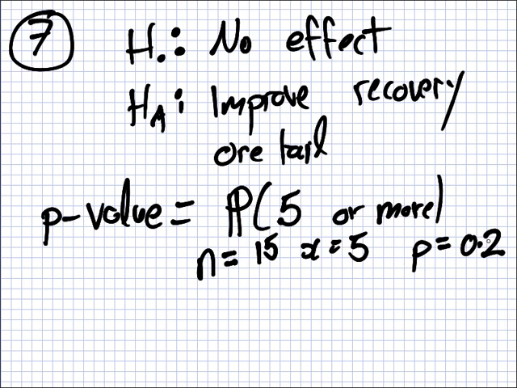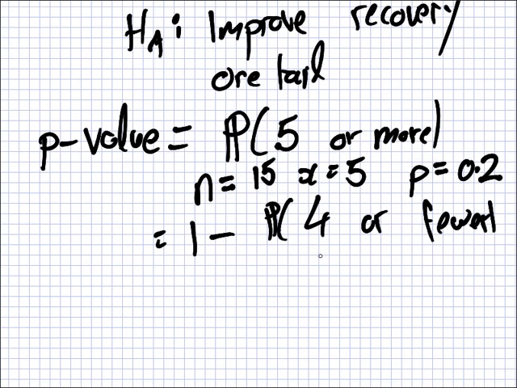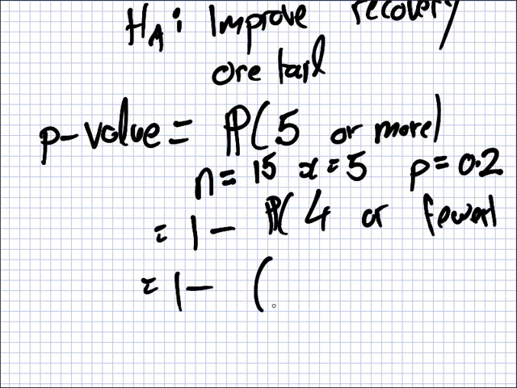So this would be 1 minus the probability of 4 or fewer. We take out our tables and look up n is 15, x is 4, and p is 0.2.